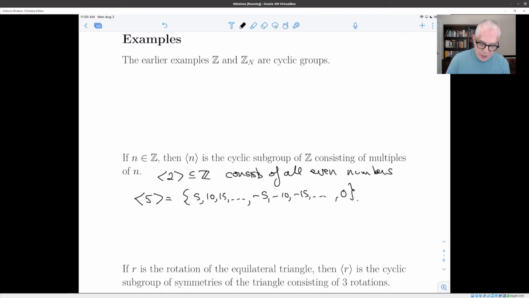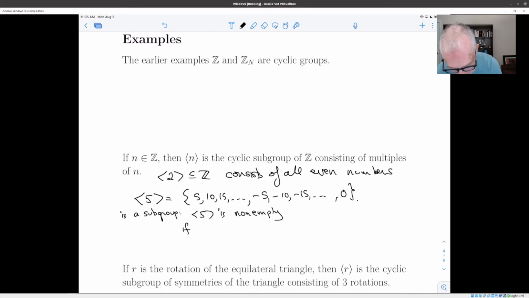And maybe I'll just point out that this is a subgroup. We'll see this in general later, because remember, we have to use our subgroup theorem. To tell if a subset is a subgroup, we need to check, first of all, that it's non-empty, which it clearly is. And then we have to check that if A is in the group generated by 5 and B is in the group generated by 5, then A minus B is in the group generated by 5.